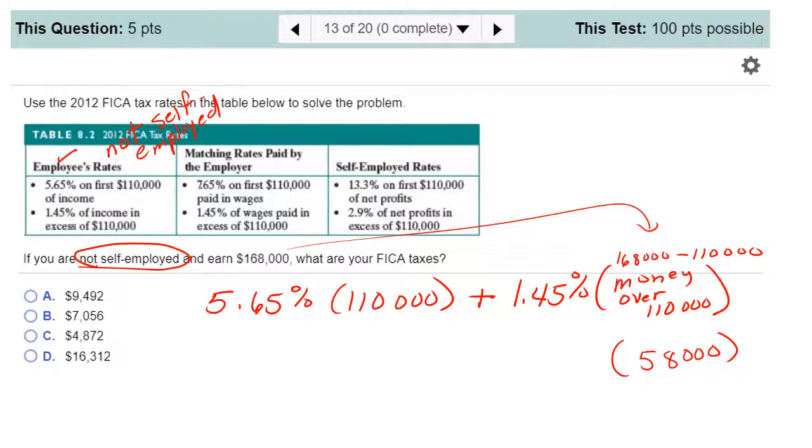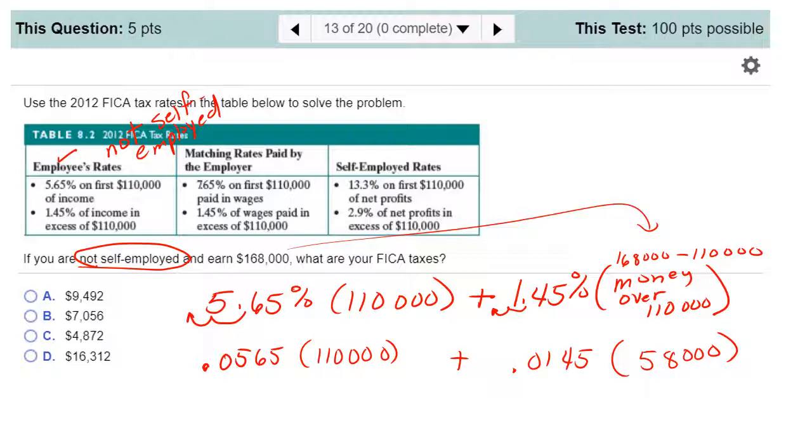So we'll go ahead and continue. And we need to move these decimal points 2 places to the left on these percentages. So this is really going to be 0.0565 times that 110,000 plus 0.0145 times that excess money.